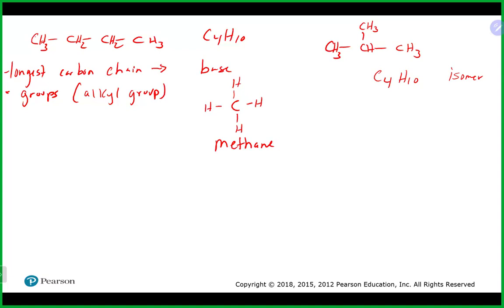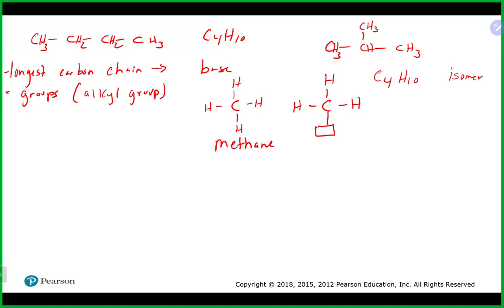The only difference is they are missing 1 hydrogen. And because they're missing 1 hydrogen, that gives them an opportunity to bind into the chain and not have too many bonds. So basically, our alkyl group here will look exactly like methane, except it is missing that 4th hydrogen. And because it's missing that 4th hydrogen, that is the place where it's able to connect in and not give carbon too many bonds.